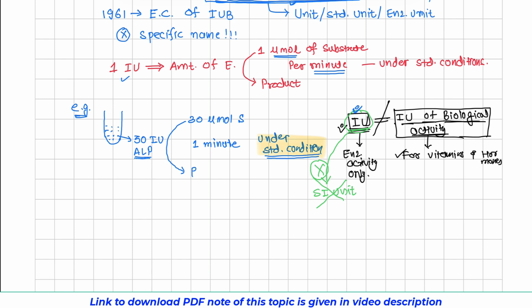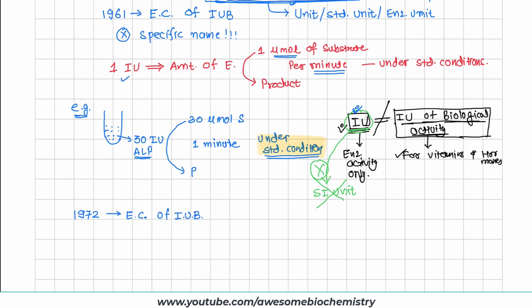However, scientists prefer using standardized SI units for consistency across all fields. So in 1972, the same Enzyme Commission of the International Union of Biochemistry recommended a new unit, that is Katal. So remember, Katal is the SI unit, not the international unit. Katal, abbreviated as CAT, is the actual SI unit for enzyme activity.